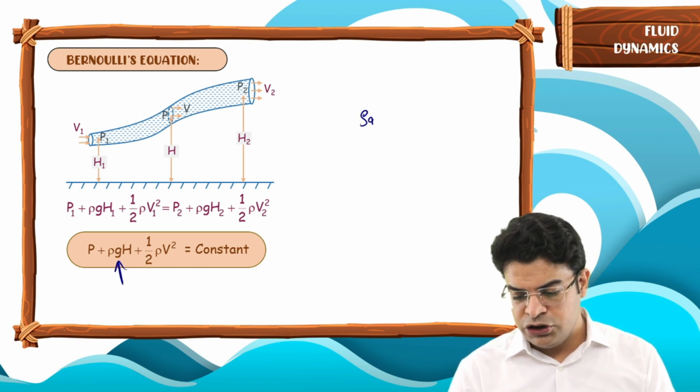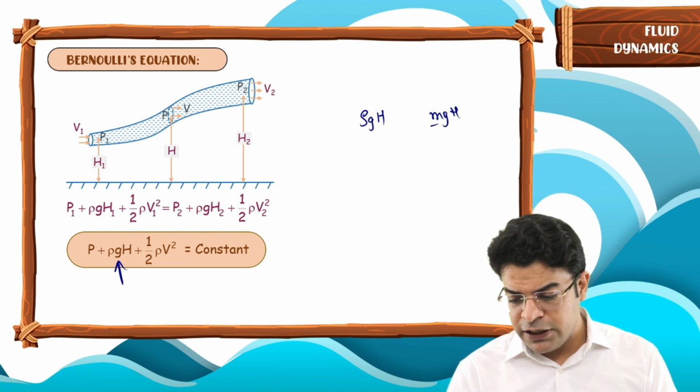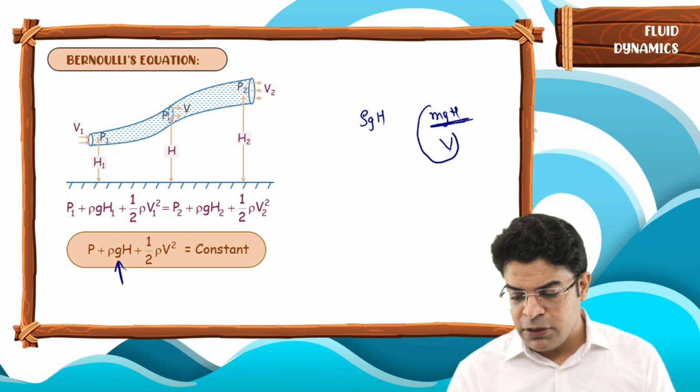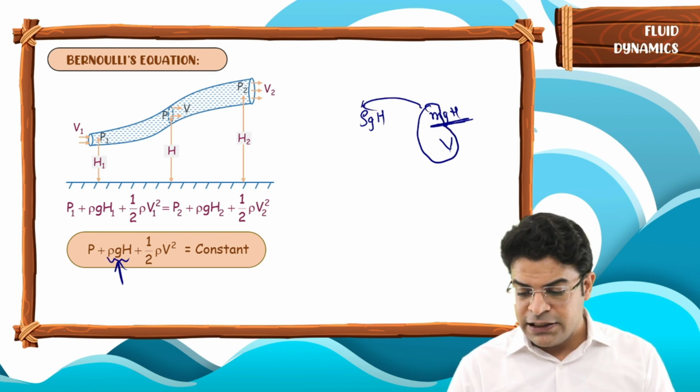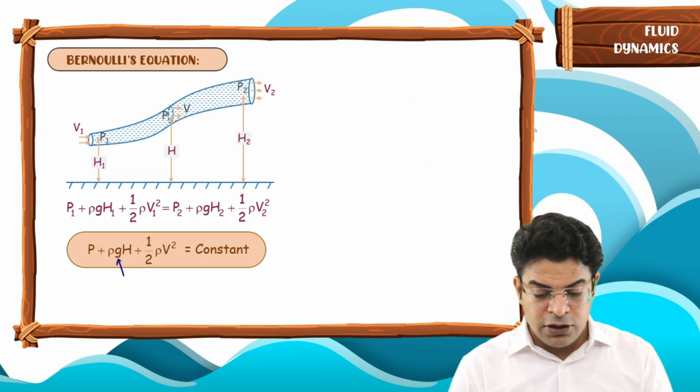We know that mgh is potential energy. If I divide potential energy by volume, mass upon volume can be written as density. So rho gH is nothing but potential energy per unit volume.